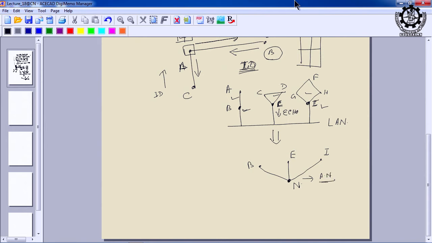I am saying this is the network which connects all 3 nodes B, E and I. Now should B and E connect to each other in 1 hop distance? So who should get the response from E? E should get the response from which node? B or I, or from both, or from none?